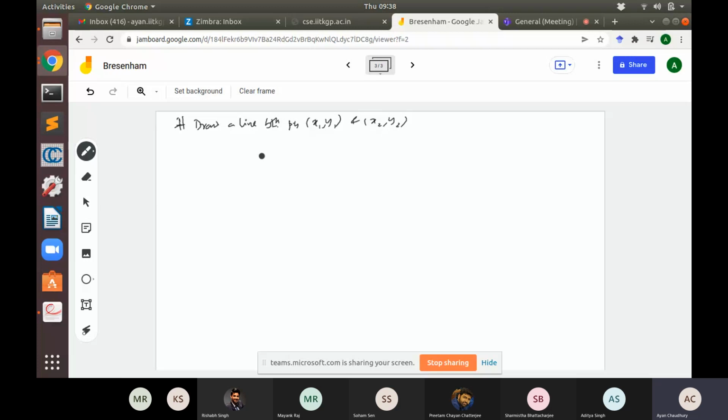Okay. So what is the general line equation? y is equal to mx plus b. Now for x1, y1, we can write y1 is equal to mx1 plus b, and for y2 is equal to mx2 plus b, right? So b is equal to y1 minus mx1, and b is equal to y2 minus mx2. We just equate them.